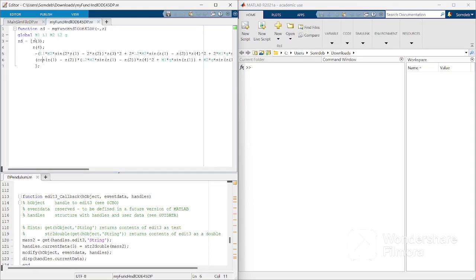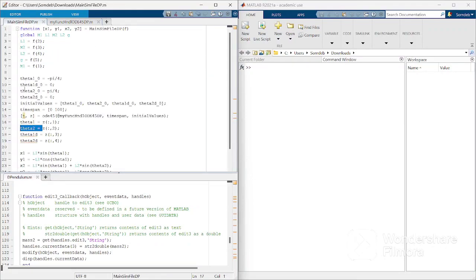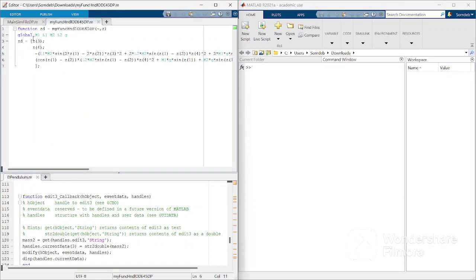ZD means the z derivative. So ZD1 should be theta 1 dot, which is Z3. I have written it this way, and Z4 is this one, and theta 1 double dot is obtained using Lagrangian mechanics, and we have this equation.